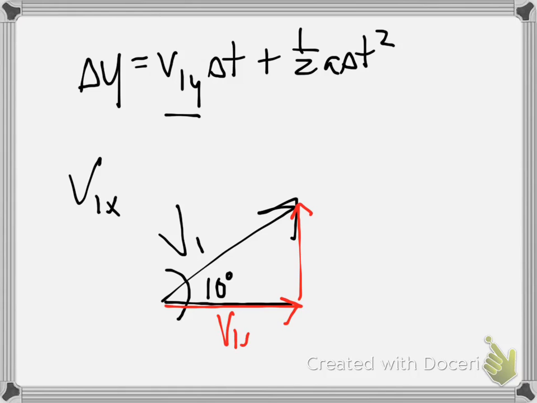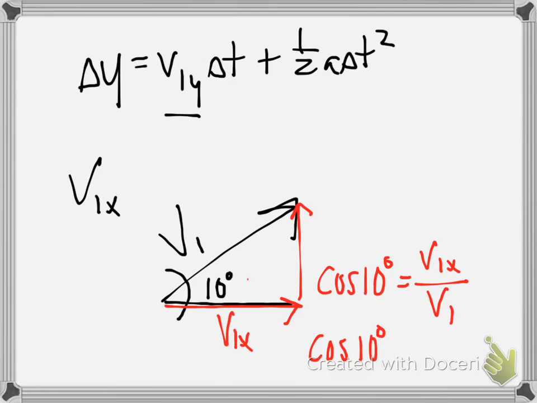So for VIX, the cosine of 10 degrees on this triangle is equal to adjacent, which is your VIX, over your hypotenuse, which is your VI. So the cosine of 10 times VI gives you your VIX. And we kind of shortcut that once we get used to doing it. You knew that, but you needed the refresher.